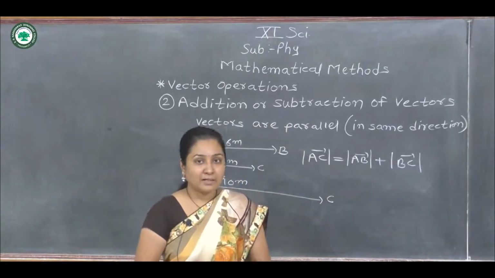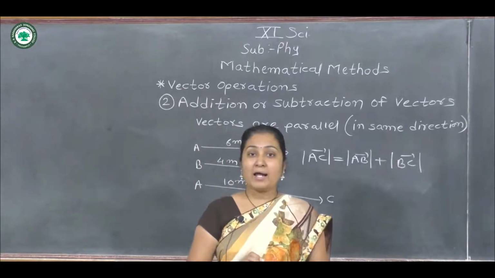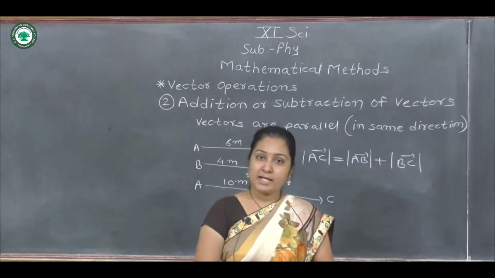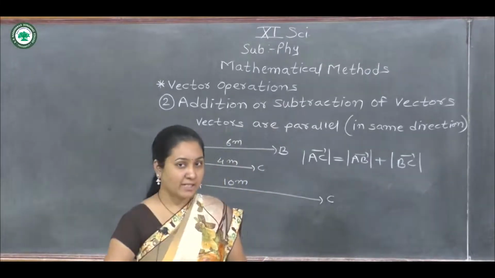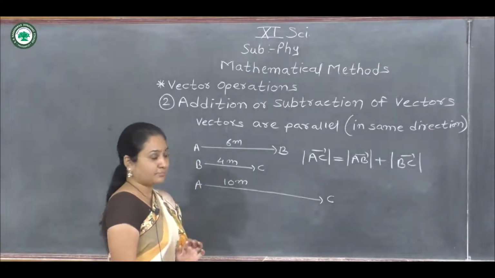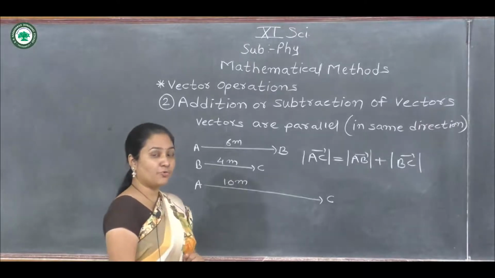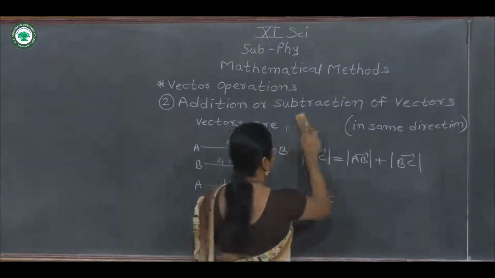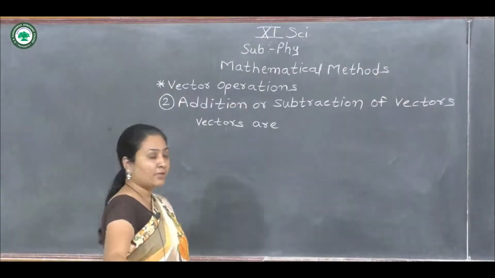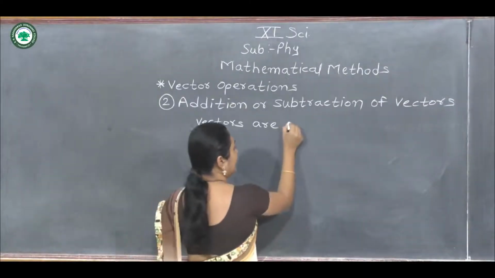So, in second case, if vectors are anti-parallel, that means the vectors are moving in opposite direction, then what we have to do to find the single vector, we will study here. So, now vectors are anti-parallel.